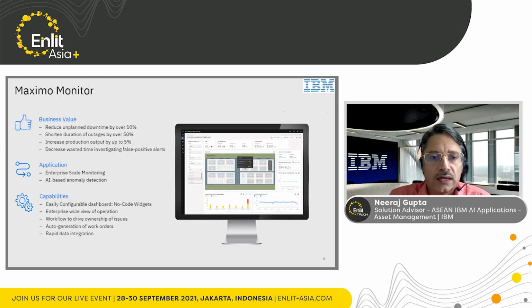It's quite a drag-and-drop kind of feature where you can select which models you want to use, so no coding is required. You can configure your own dashboard or KPIs based on your role, and then you can take actions as well, in terms of generating work orders automatically or analyzing the data more deeply.